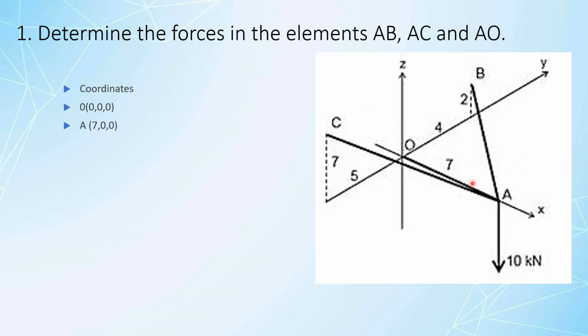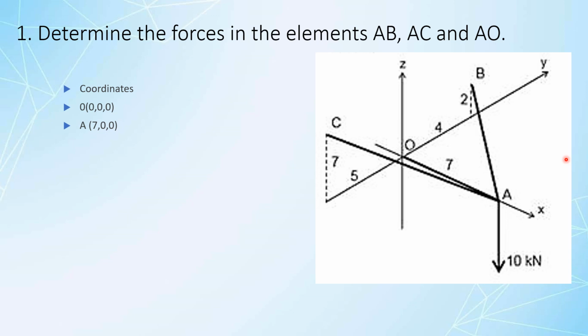Similarly, there is no distance marked parallel to x or in the direction of x corresponding to A. And there is no distance marked for A parallel to y or in the direction of y. So the y coordinate and z coordinate of A are 0. This is how you identify the coordinates of each point.